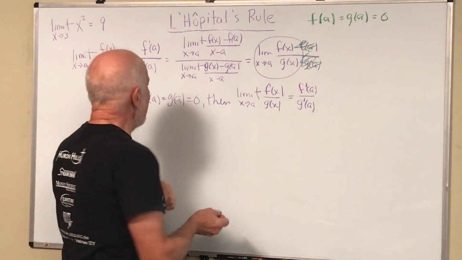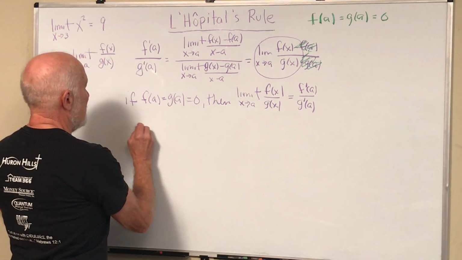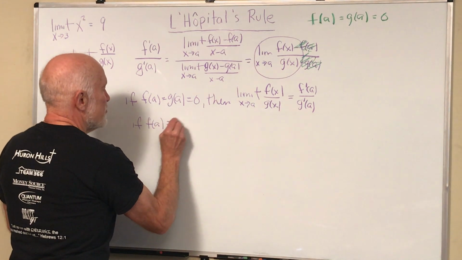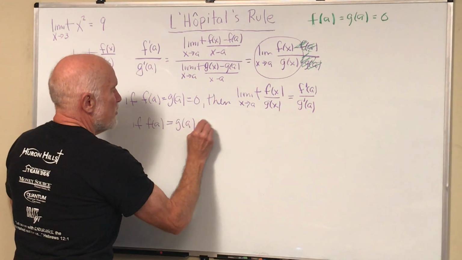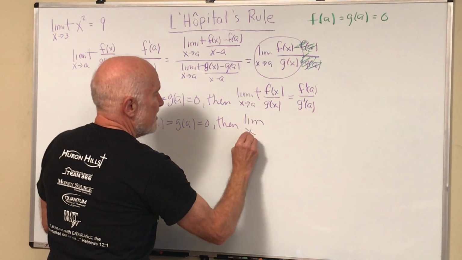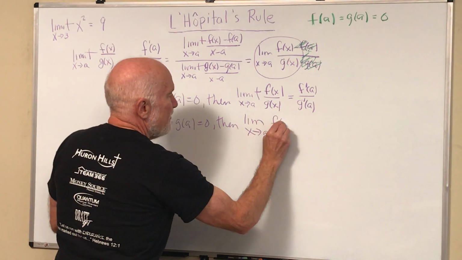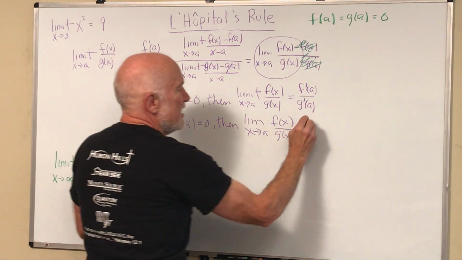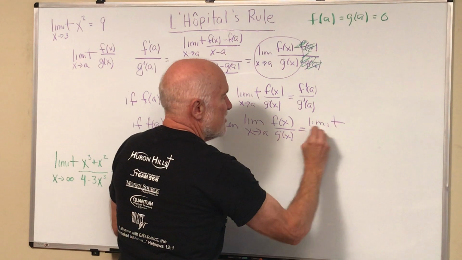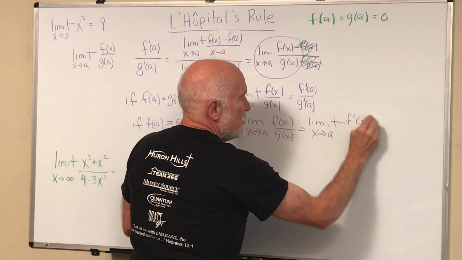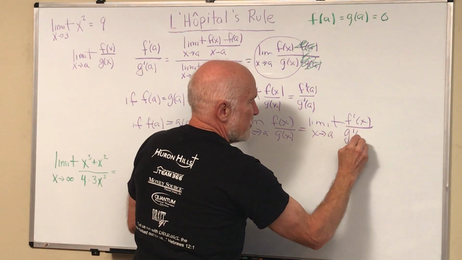So to make it slightly stronger, we're going to say the same thing. If f of a equals g of a equals 0, then the limit as x approaches a of f of x over g of x equals the limit as x approaches a of f prime of x over g prime of x.